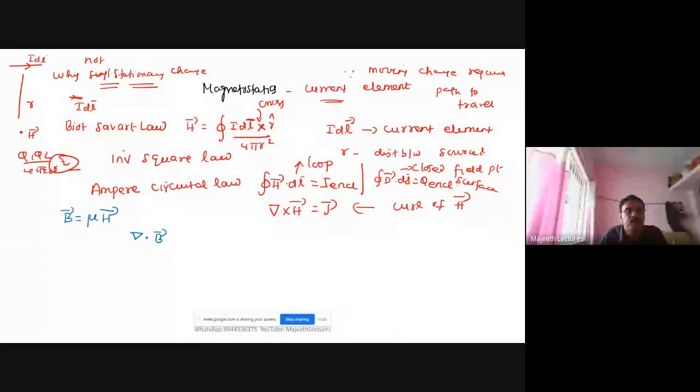B is equal to mu H, just as D is equal to epsilon E. So del dot B is equal to 0, which implies del dot H is equal to 0, because B is equal to mu H and mu can be brought to the other side. So the divergence of the magnetic field is 0.